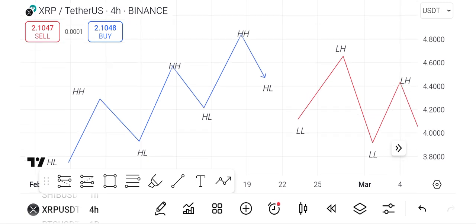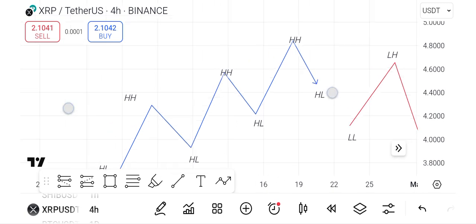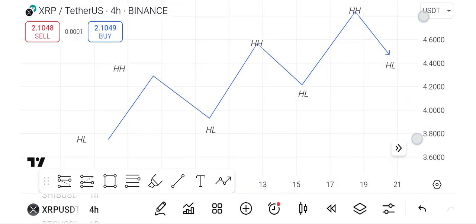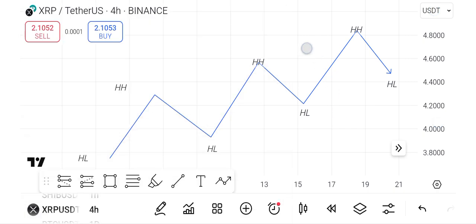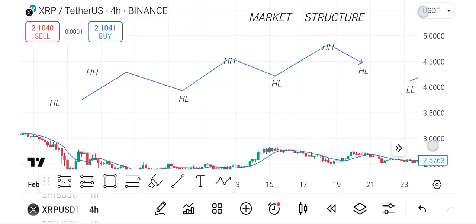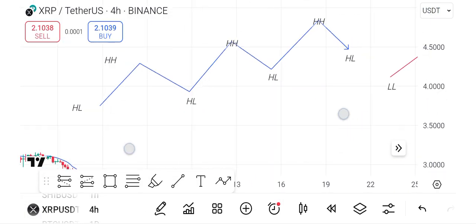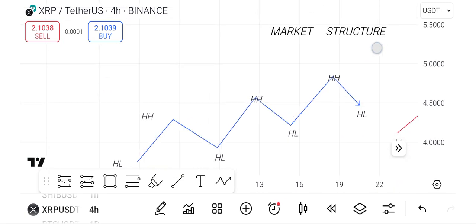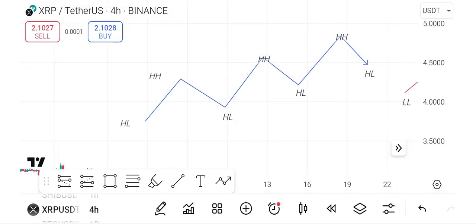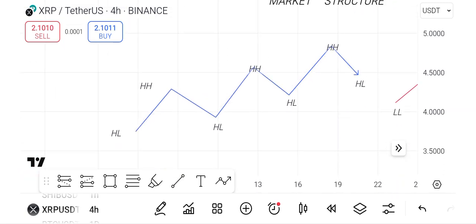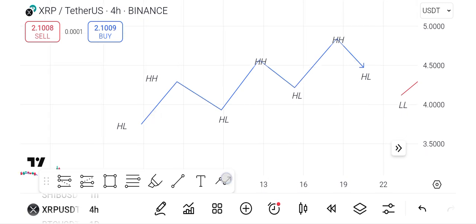When we are talking about uptrend or bullish market, we are simply saying that if you can see the market, this is an uptrend. The market is creating higher lows and higher highs. Okay, let me show you.